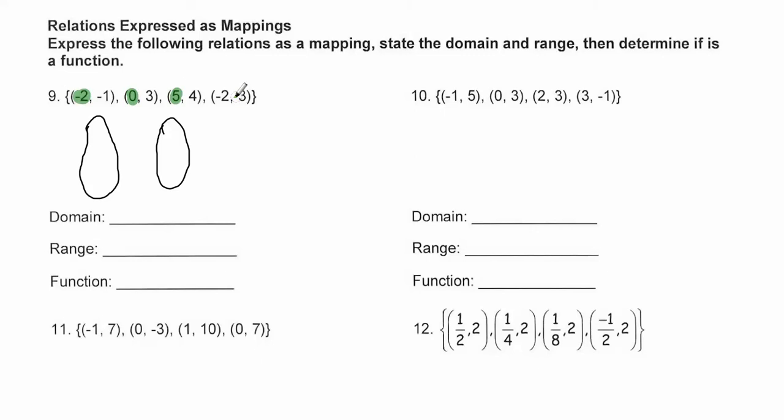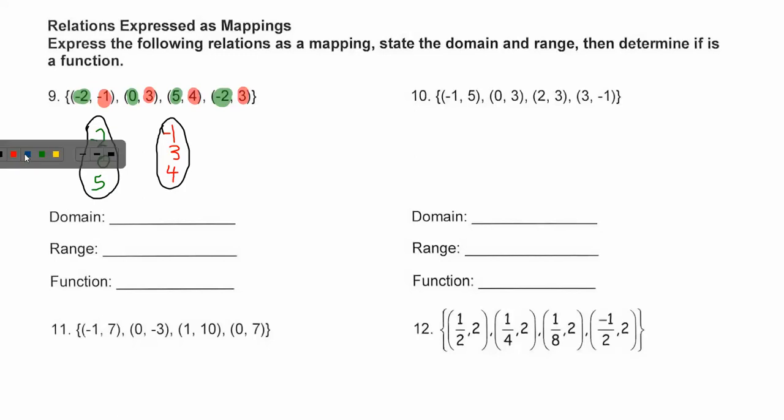I'll highlight them in green again, and then the range I'm going to highlight in red. So our domain, least to greatest: -2, 0, and 5. Our range: -1, 3, and 4.